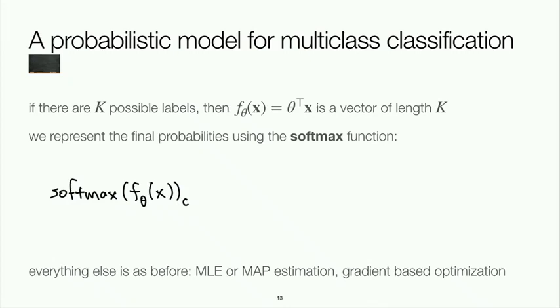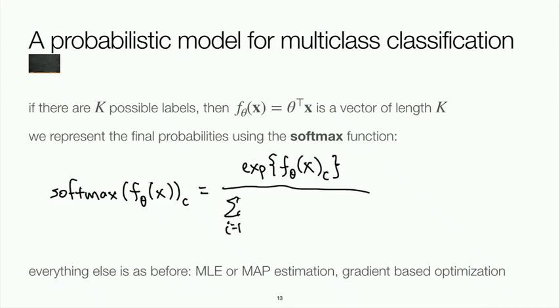If I'm just looking at the cth index of this output, c between 1 and k, what I get is, remember, I'm exponentiating all of my model outputs. So I exponentiate the cth number that my model outputs, and then I divide by the sum from i equals 1 to k of the exponent of my model output.